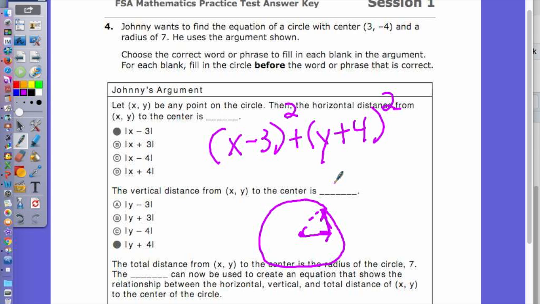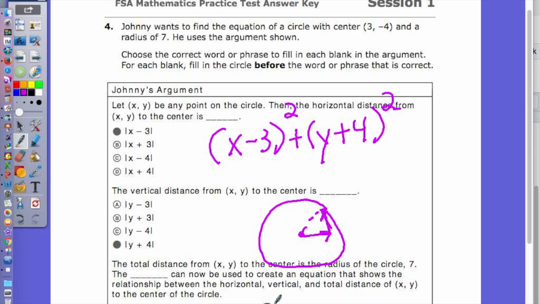But how is it like the Pythagorean theorem? It's a curve instead of a right triangle. But the distance, you're taking the horizontal distance and the vertical distance. You're squaring each of them, right? Those are your two legs.